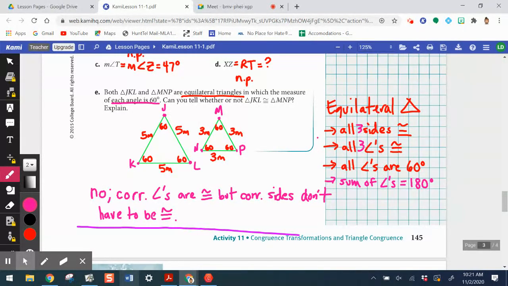And there's actually a non-rigid motion that helps verify why this can work out, where two equilateral triangles don't necessarily have to have the same side lengths. So keep that in mind. Just because we know angle measures does not mean that two triangles are congruent. So that is the end of 11-1.